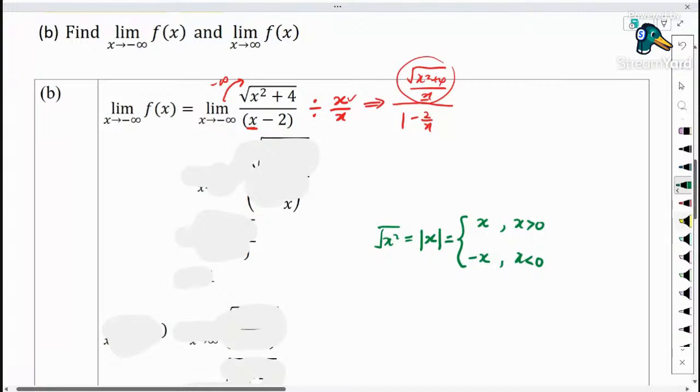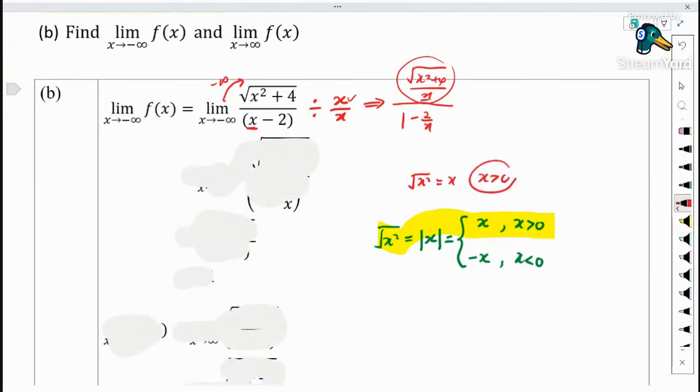With the combination of the two definitions, for the part that I highlighted in yellow, I will have square root of x squared equals to x for the case of x greater than 0. Or maybe we can write x equal to square root of x squared, whichever comes first.